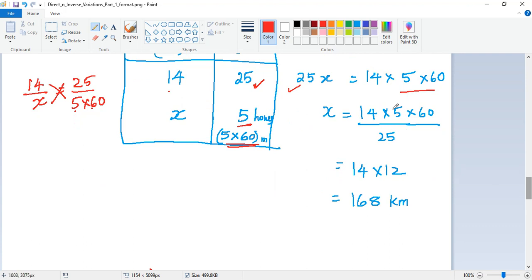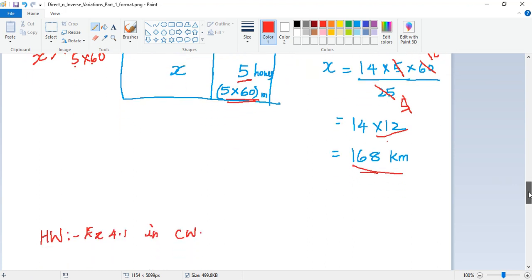Here the 5 gets cancelled, 5 5s are 25, and then the other 5 also gets cancelled, 5 12s are 60. So you get 14 into 12, and 14 into 12 is 168 kilometers. So in 5 hours it will travel 168 kilometers.